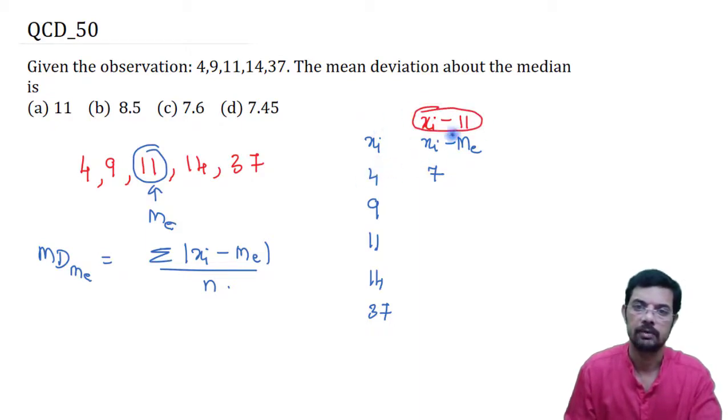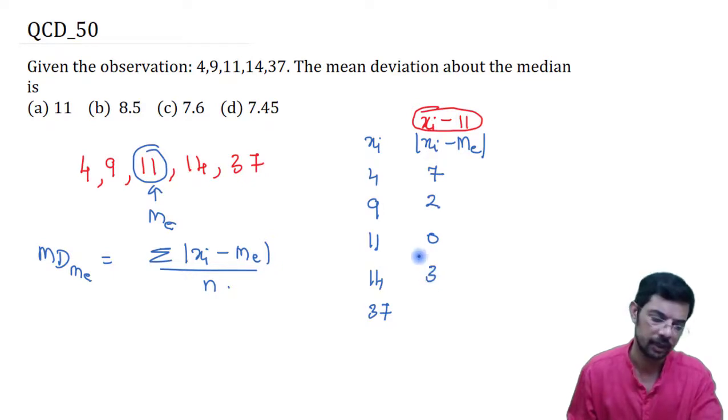So 4 minus 11, and we will take the modulus value also. We will take the absolute value also. That is 7. Same way, 9 minus 11 is 2, positive. 11 minus 11 is 0. And then we have 3, and finally we have 26.